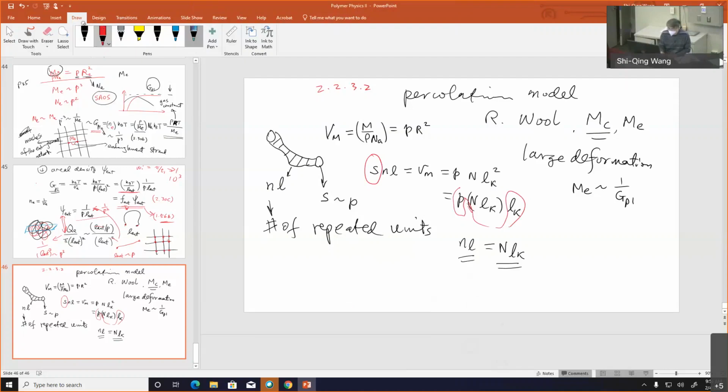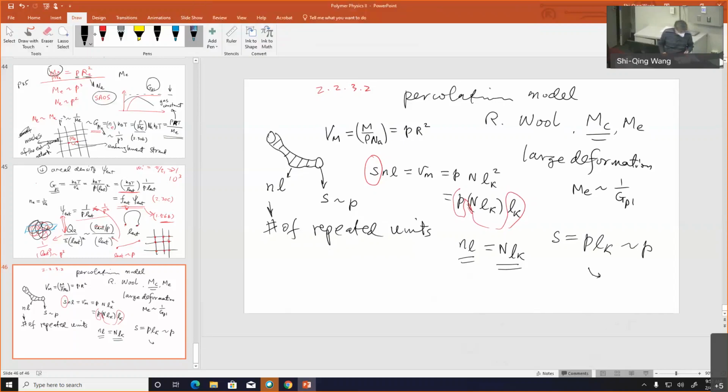In other words, S is P times Kuhn length. So as promised, your S indeed is proportional to P. And this is expression 2.38a in the book.